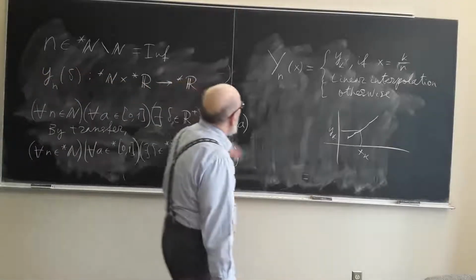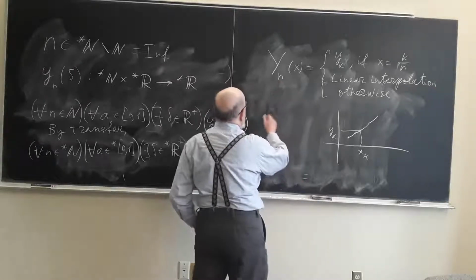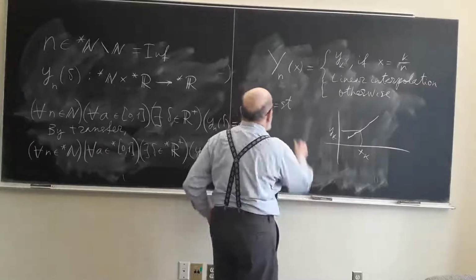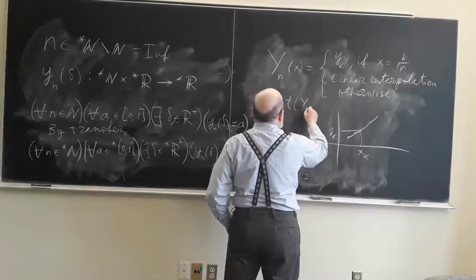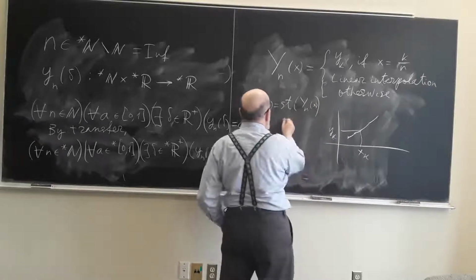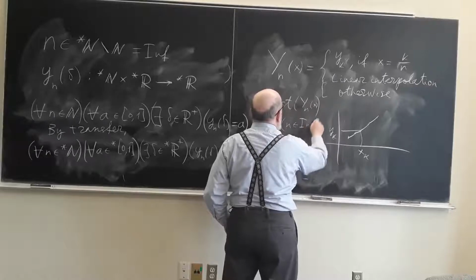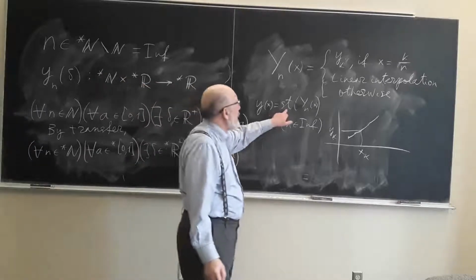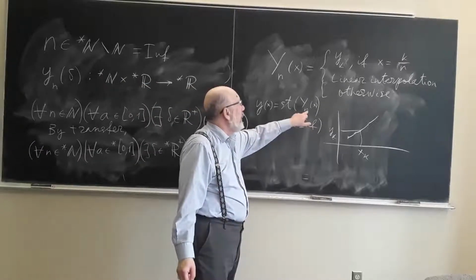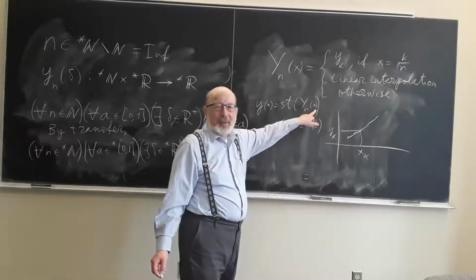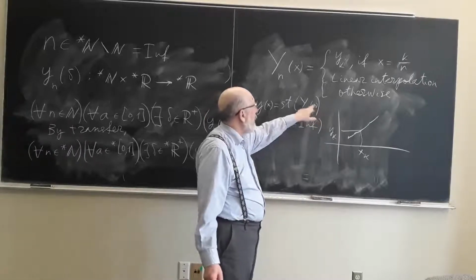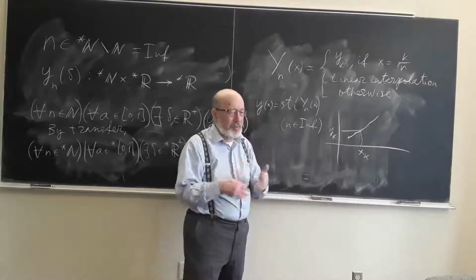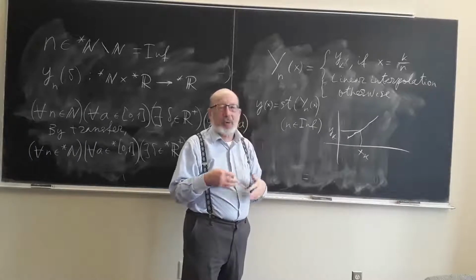So it is yn of x. And now you consider the function y of x equal to the standard part of yn of x, where n is an infinite number. So it is the standard part of a function of two variables, n and x. Here we have to repeat this construction of the standard part of anything.